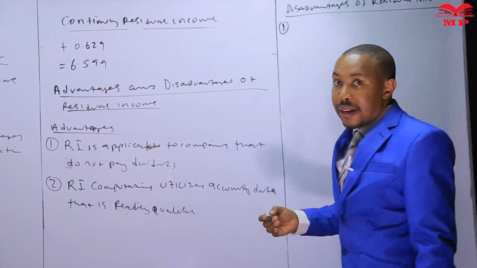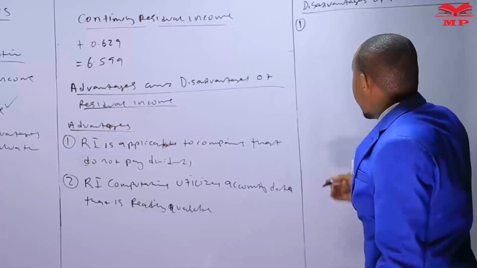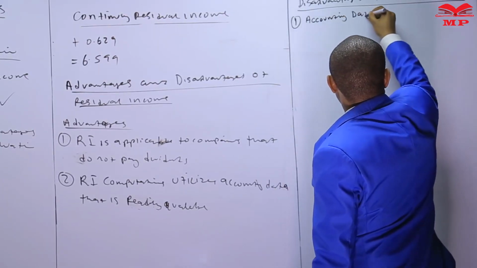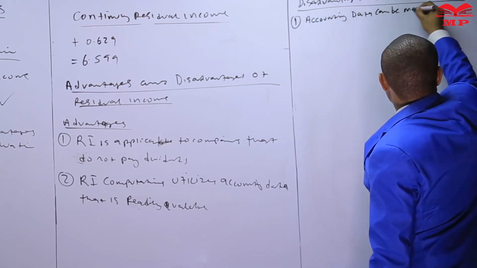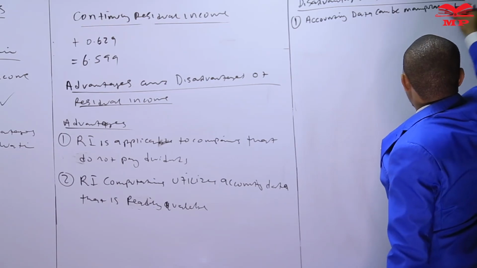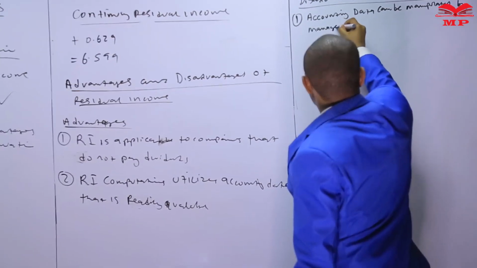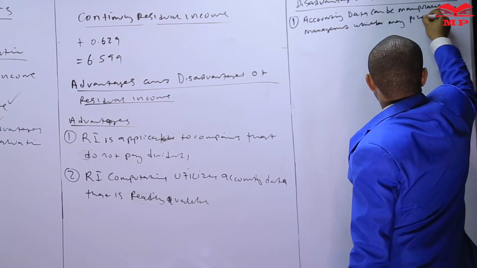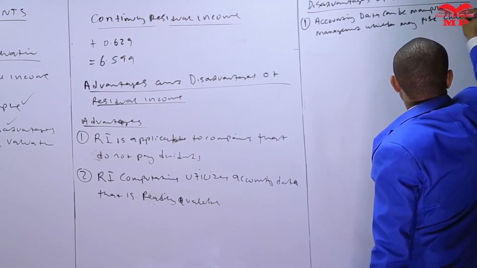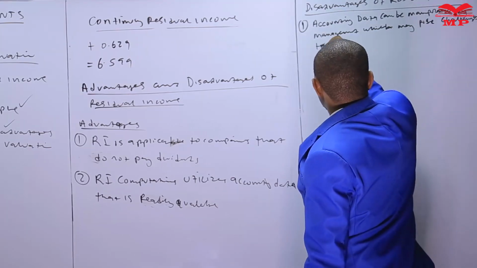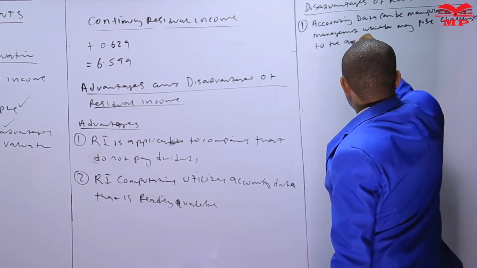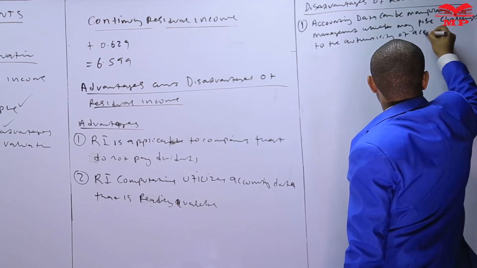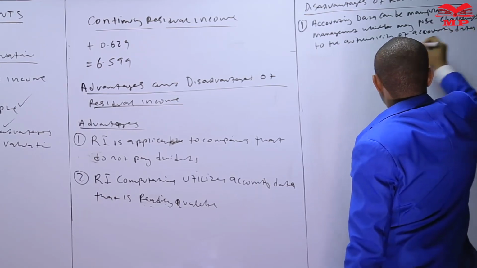Number 1, we can say that accounting data can be manipulated by management, which may pose challenges to the authenticity of accounting data for valuation.